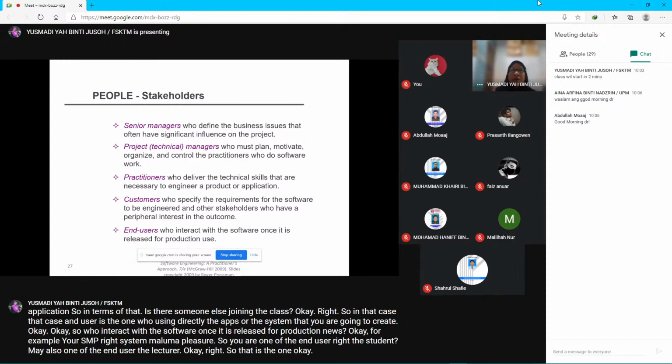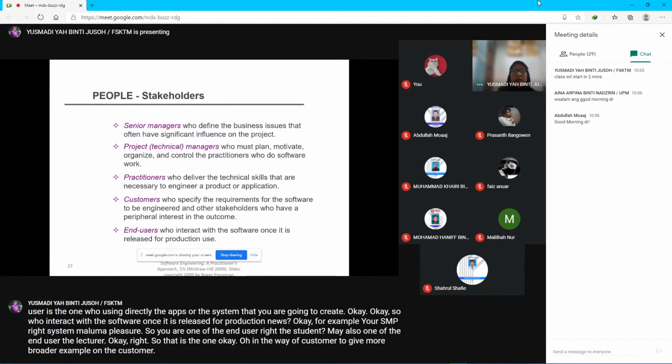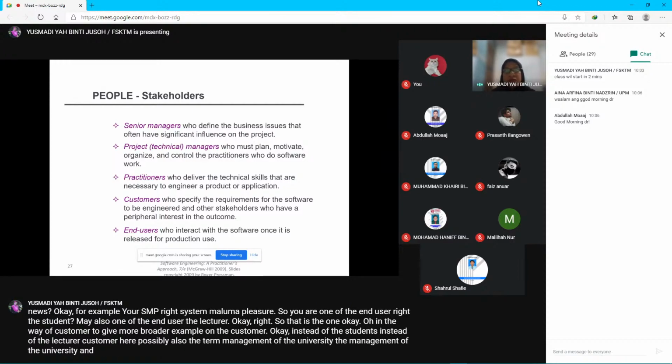Or in the way of customer, to give a broader example: instead of the students or the lecturer, the customer here is possibly also the top management of the university, and specifically the hak ehwal pelajar, the student affairs, and possibly also the registrar.